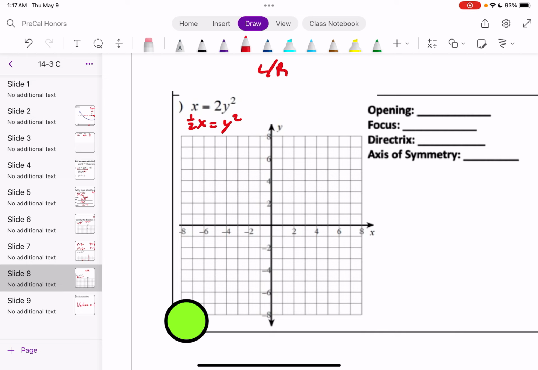Due to this, we know it's going to be left and right. Now, with 1/2 x, what will occur is that because it is positive, it will allow us to move in the right direction. So the opening would be right.